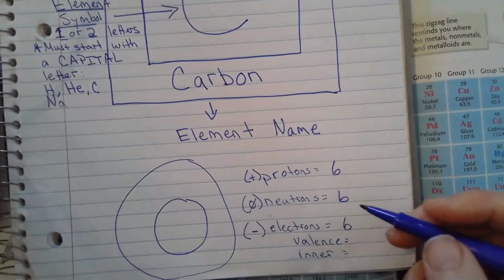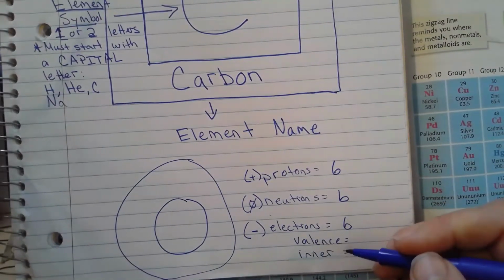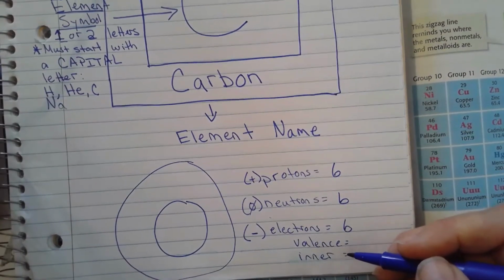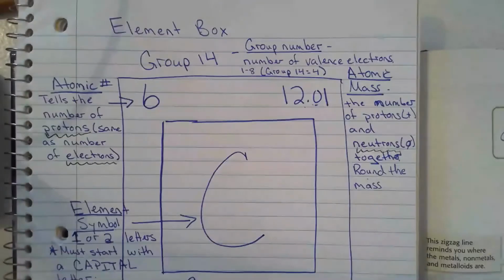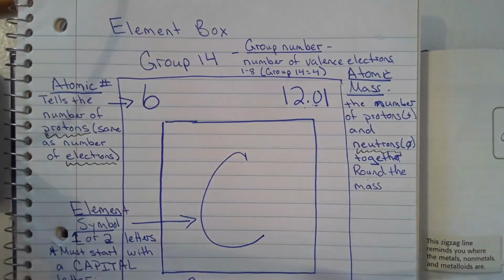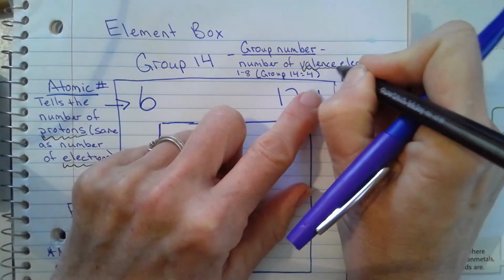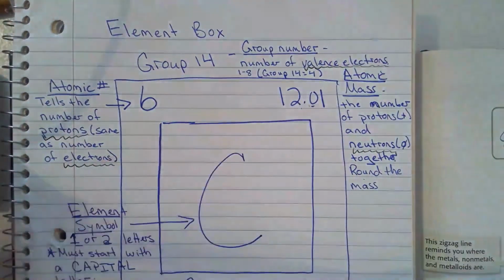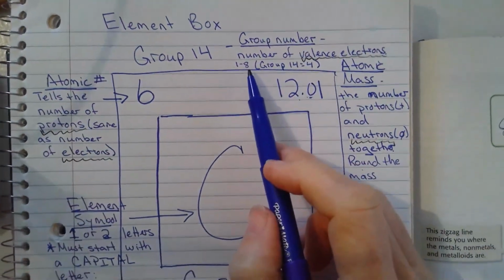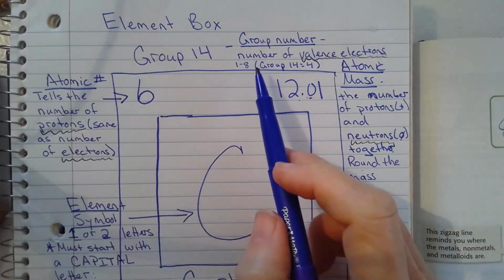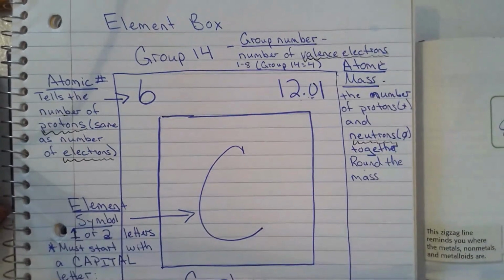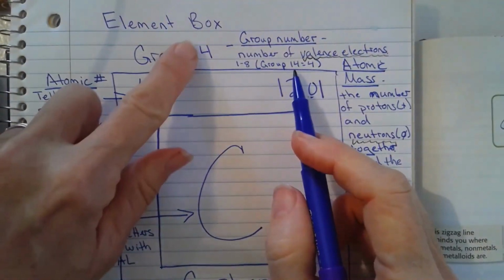We'll practice more. So now I've got to figure out how many valence electrons and how many inner electrons. So let's go back up here. This group number tells me how many valence electrons I have. And the most you can have is 8. So if I have 14, I'm just going to cover the 1.